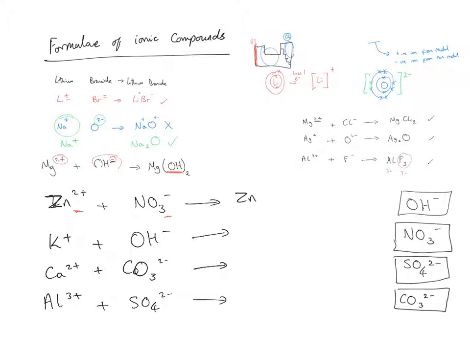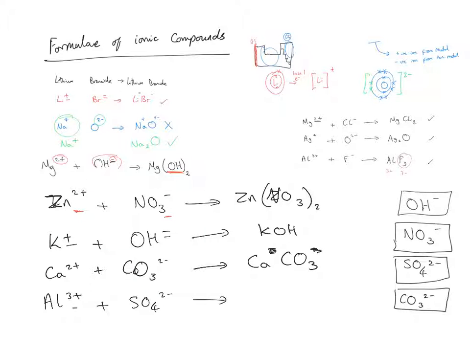Therefore, I need to double all of that nitrate anion to form zinc nitrate. My next one, my charges match up, therefore potassium hydroxide is that. Again, my next one, my charges match. So my 2+ and my 2 negative are fine.